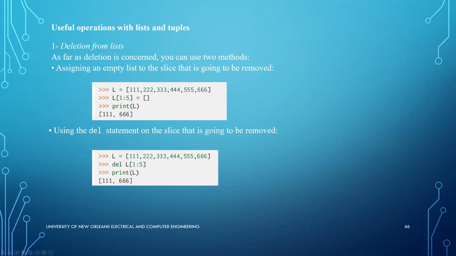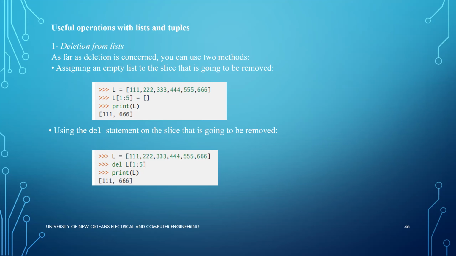Remember, 5 is not going to be included. So this statement deletes the elements in the list from 1 through 5, with 5 being the stopping point.